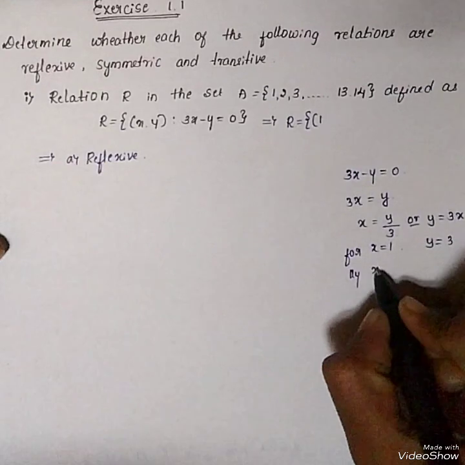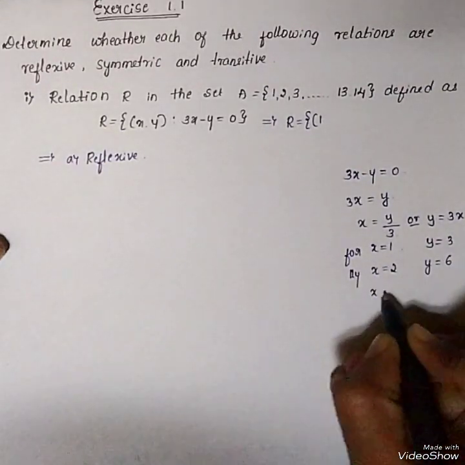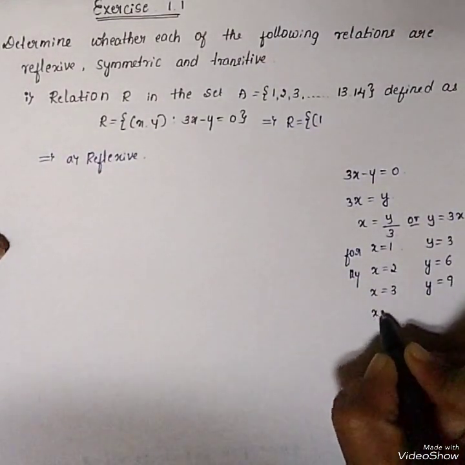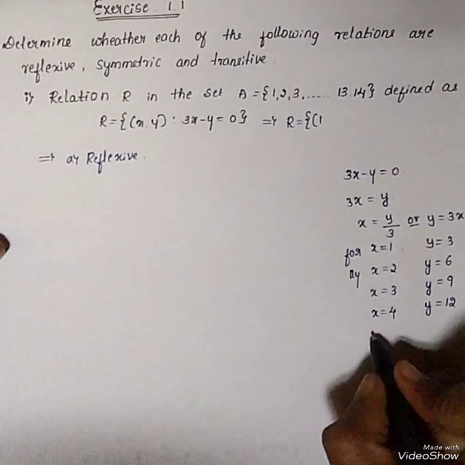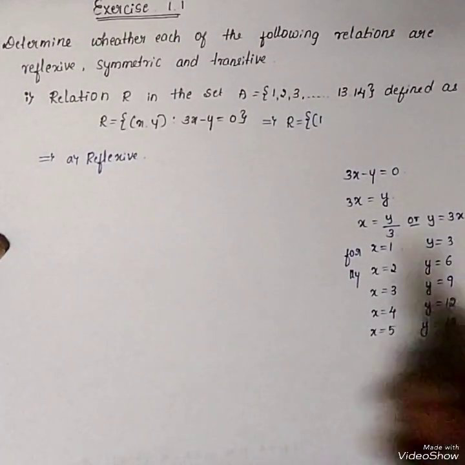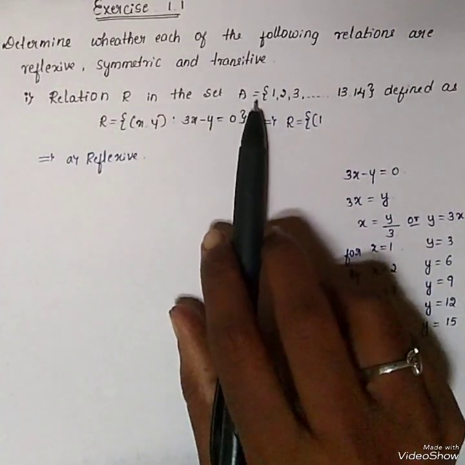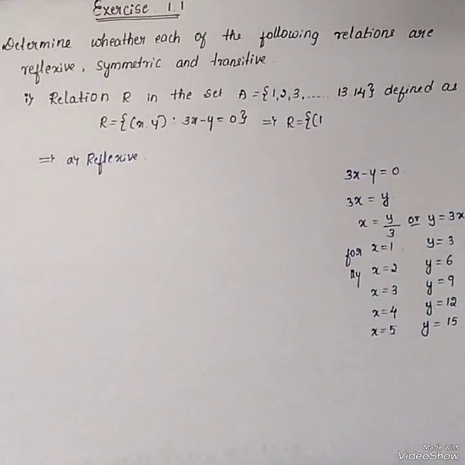Similarly, for x equals 2, we get 6. For x equals 3, we get 9. For x equals 4, we get y equals 12. Then for x equals 5, y equals 15. We already know x and y belong to the set 1, 2, 3 up to 14, but here for x equals 5 we get 15, and 15 is not present in set A.